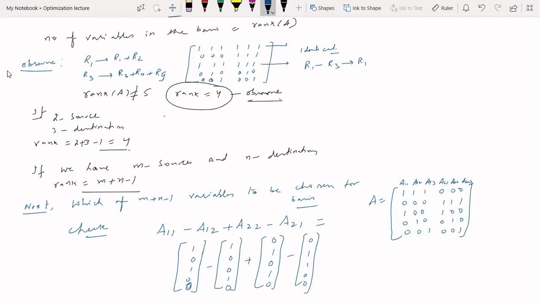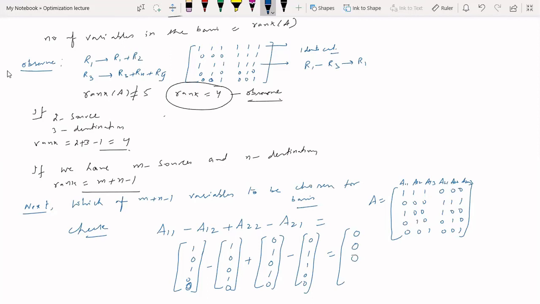You see from here that 1 minus 1 is 0 plus 0 minus 0, so my first component is 0. What about the second component? 0 minus 0 is 0 plus 1 minus 1 is again 0. For the third component, 1 minus 0 plus 0 minus 1, so 1 minus 1 is again 0.